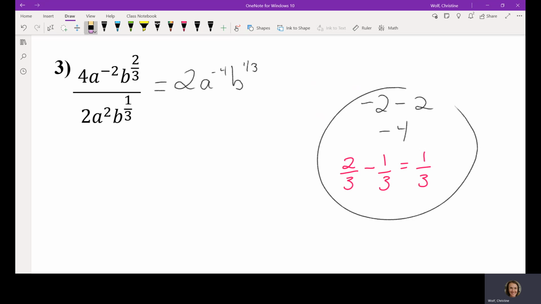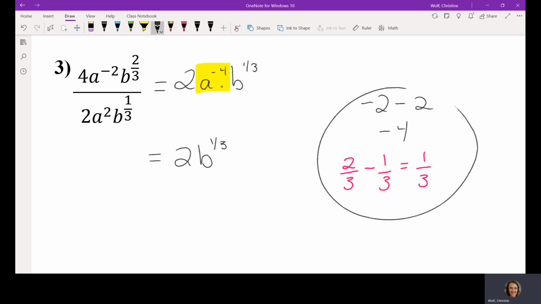I'm actually going to have a denominator in the end. Why? Because there's a negative exponent. So this term right here, we need to take care of that, right? We can have a negative exponent in the answer, but that's the only thing that's negative, so that's the only thing that's going to move. So I'm just going to go down here. So that 2 stays up top. He didn't do anything wrong.